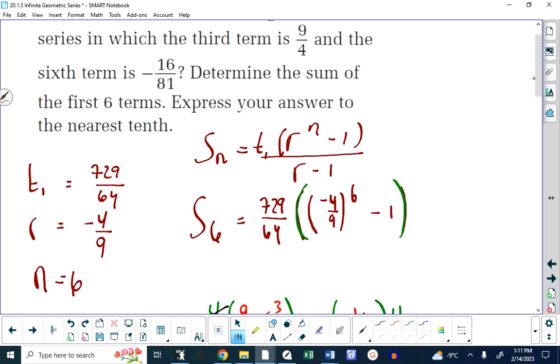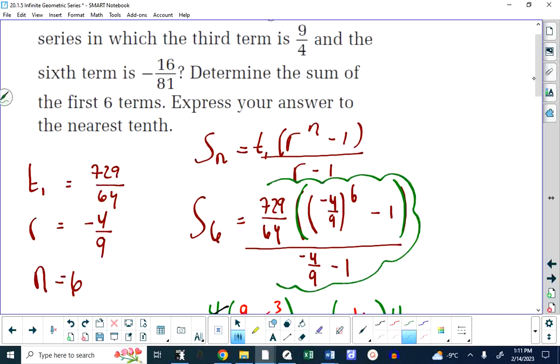And then I need to divide by, my goodness, r, which is negative 4 over 9 minus 1. Wow. So we need to figure out what that is equal to.